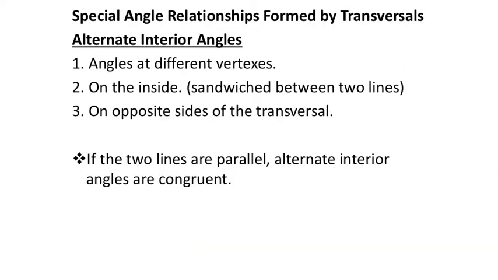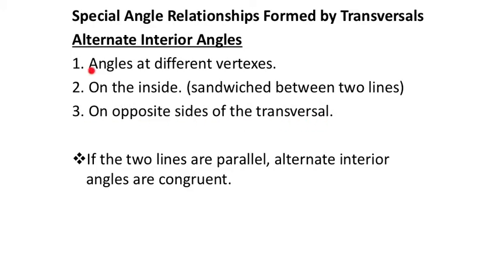All right, the first special angle relationship formed by a transversal, okay, is what we call alternate interior angles. And we've got three conditions here, right? And I guess it's kind of written in this language right here. So alternate means that they're on opposite sides of the transversal.